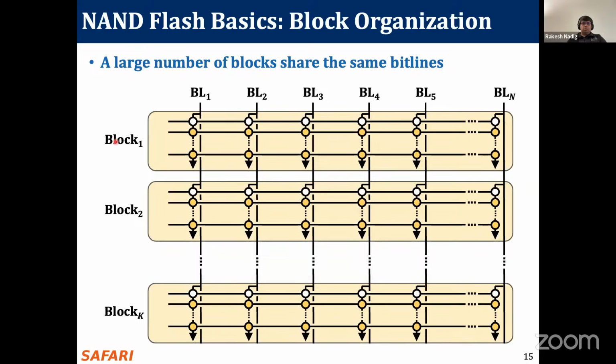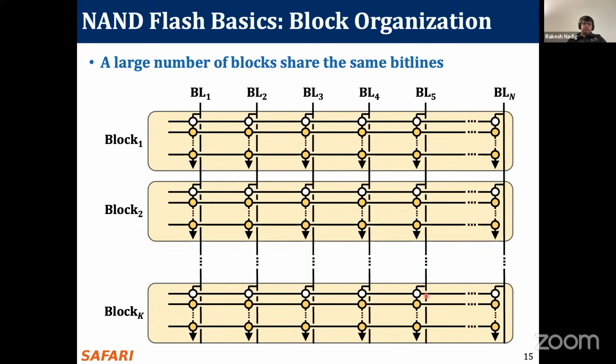Now we go to a higher level and see that there can be thousands of flash blocks in a flash device or a storage device, and these flash blocks share the same bit lines. So you can see that there can be a number of bit lines that are common across these flash blocks.